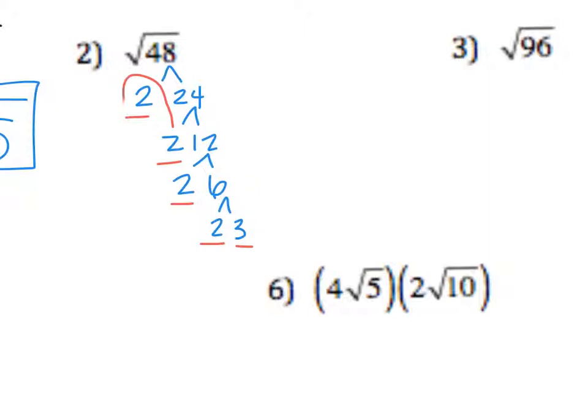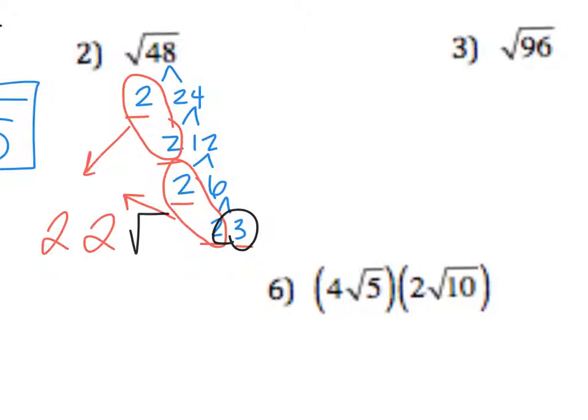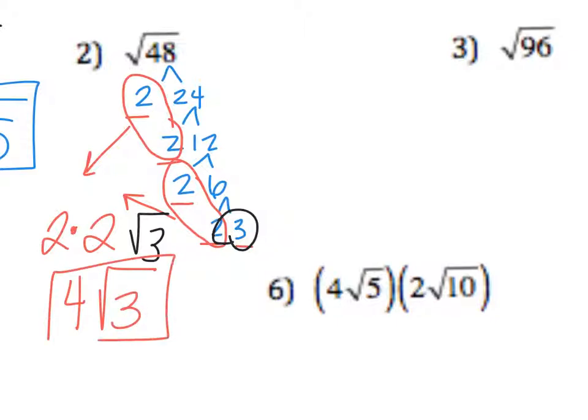So I've got one group of 2, 2 groups of 2. So one 2 will come out. This 2 can also leave the house. And then the 3 is left over. He can't leave because he doesn't have a buddy. Then the numbers on the outside of the house multiply together. And the 3 is left over.